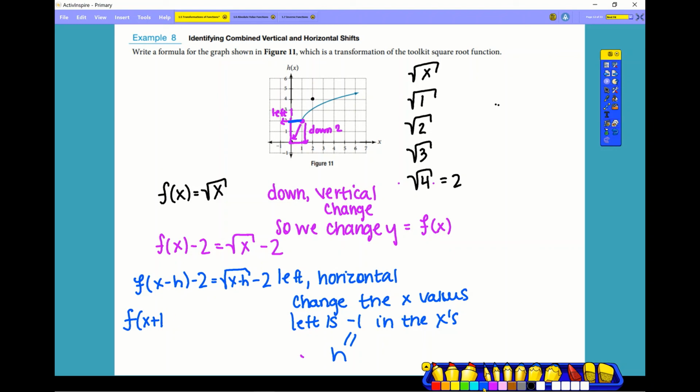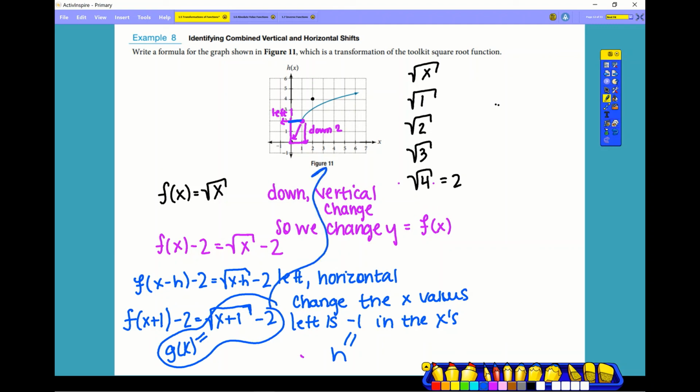Let me get a pen. Minus 2. So that becomes the square root of x plus 1, minus 2. And this is now, I guess we can call that g of x or whatever they want to call it. So that's our new function. That's what this is a graph of.